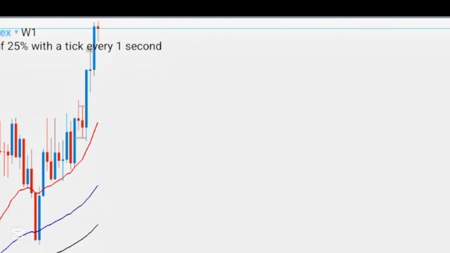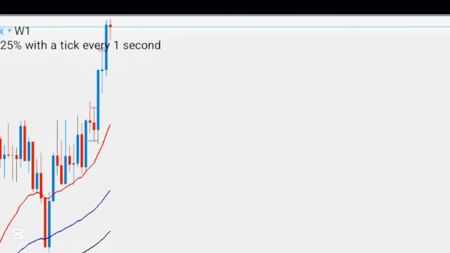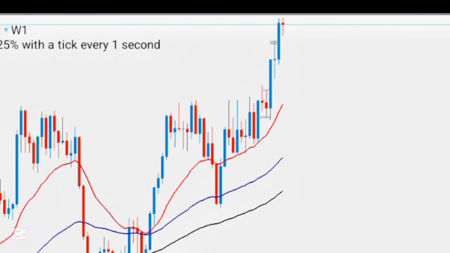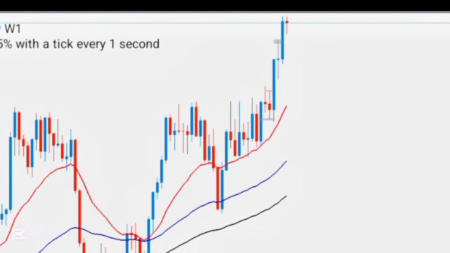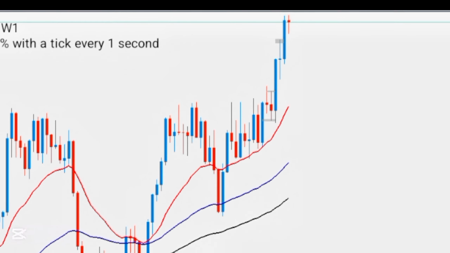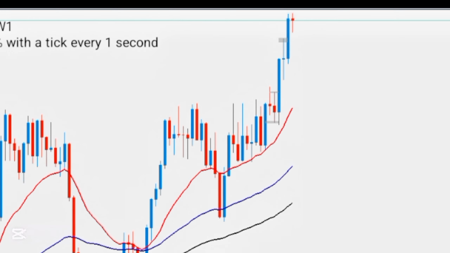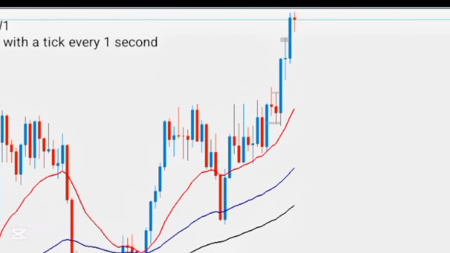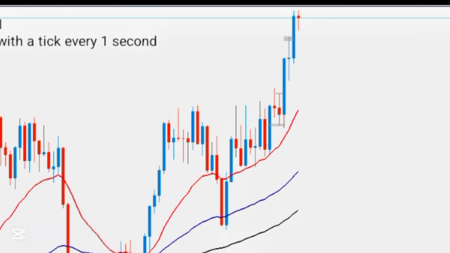Same as the weekly time frame, you are going to check one candlestick. As you can see, what is happening this week, the candlestick is going high, it's on high already.